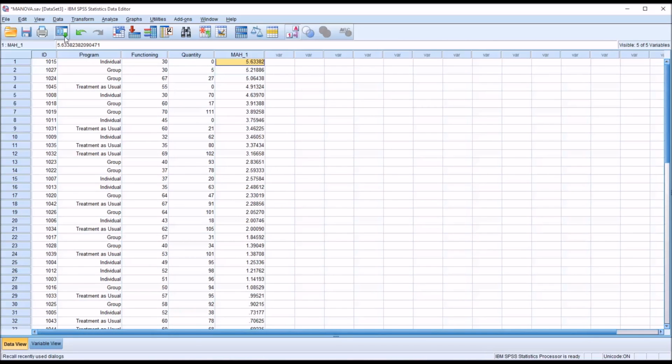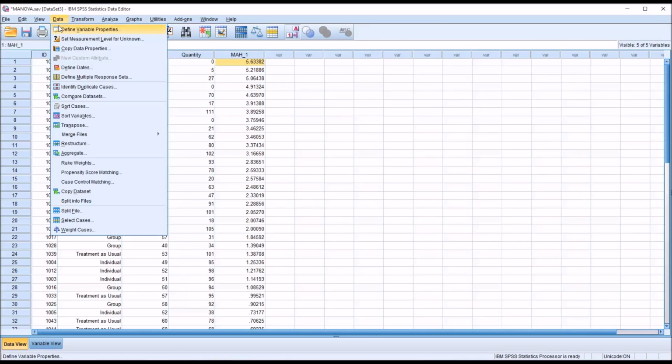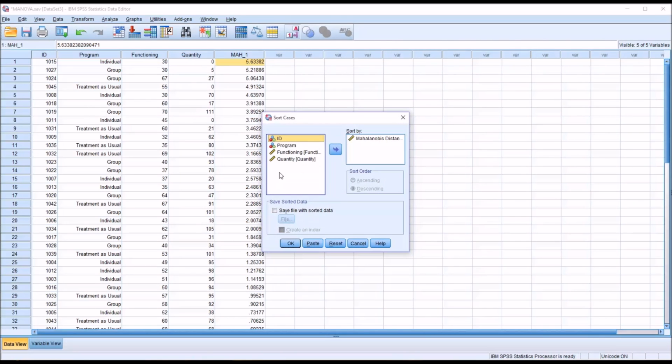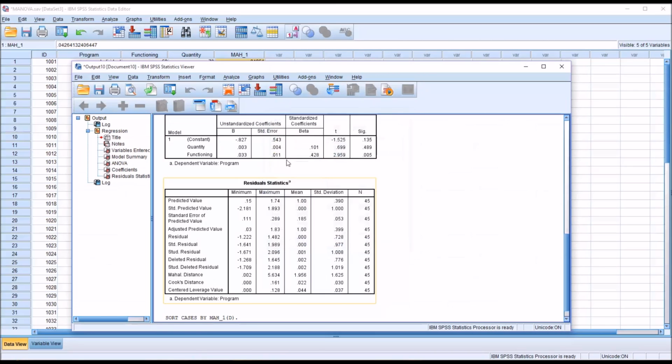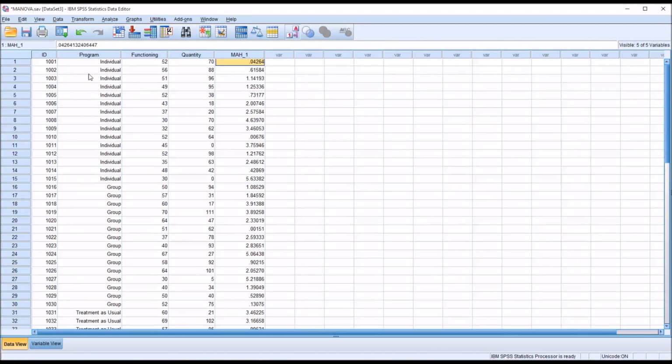And of course, to return that back to the way it was, you would just go to Sort Cases. In this case, I have an ID variable, which I try to always have, and you would move that into Sort By, and you would leave it as ascending. And now your data set's back to the way it was.